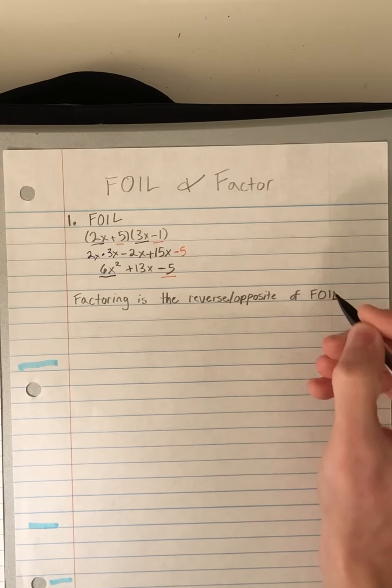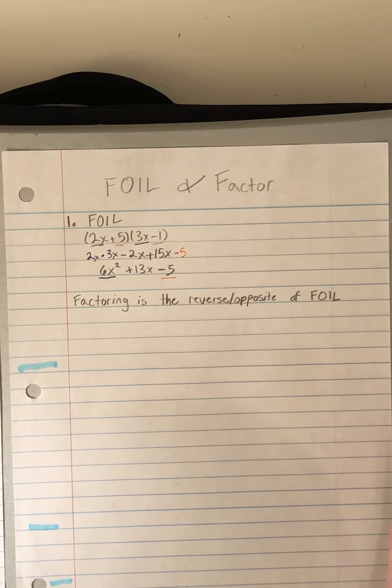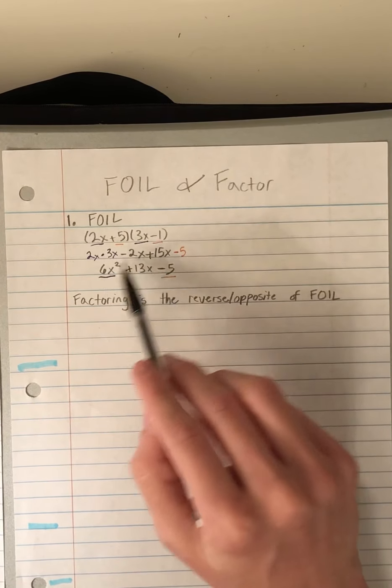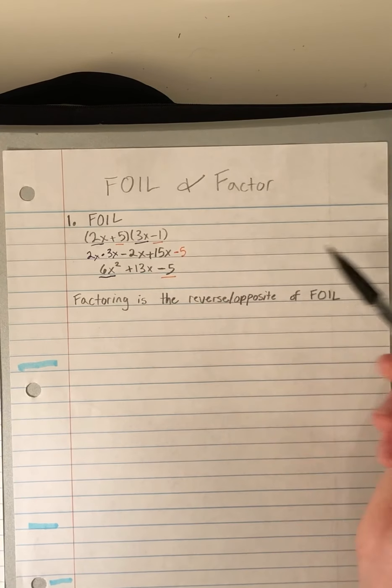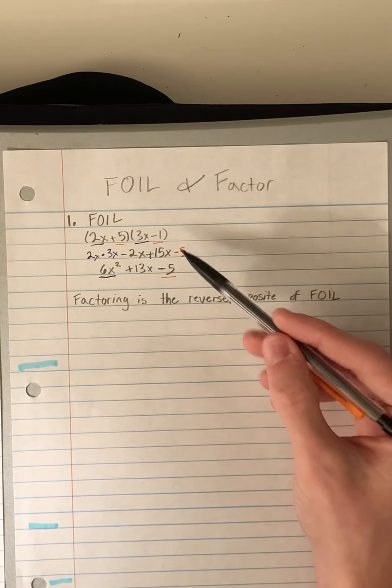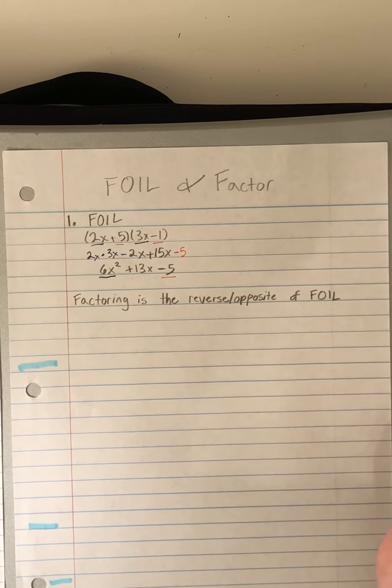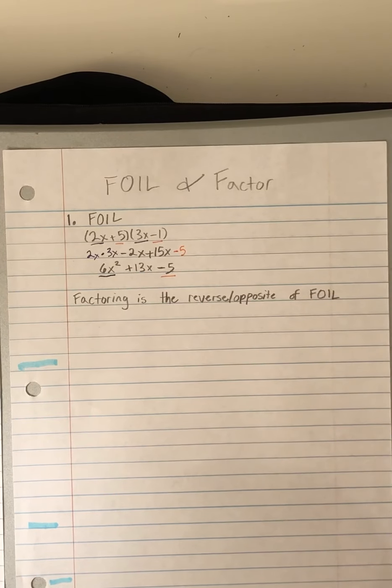So when I say that, I mean they kind of undo each other. Like if when I FOIL this out up here, I got something in standard form. This right up here is technically factored form. If I were to factor backwards, I'm going to get something in factored form, or I'm unfoiling.